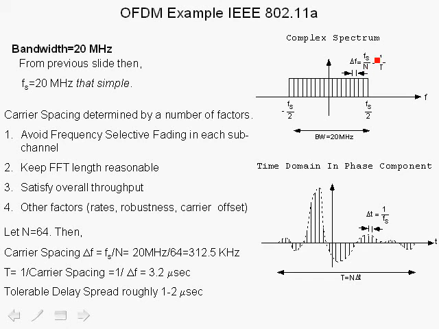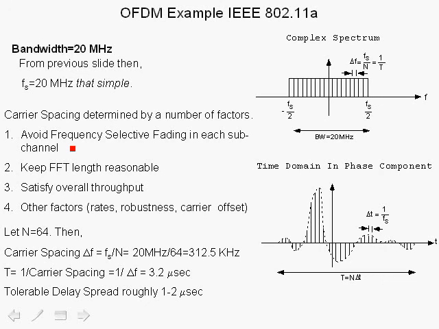So the thing we have is fs, and we have to determine what carrier spacing is appropriate for this kind of communication system. Typically, defining the carrier spacing is driven by a number of issues. Of course, chief among them is to avoid frequency selective fading in each subchannel, as we mentioned before.